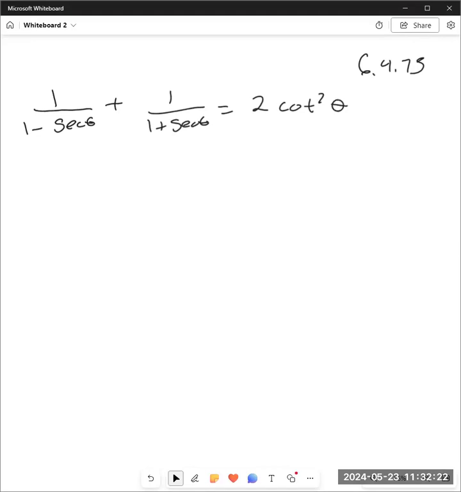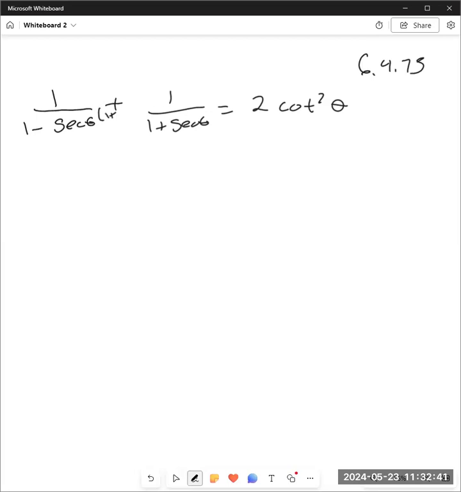So we are going to make a common denominator here and multiply by 1 plus secant theta over 1 plus secant theta.